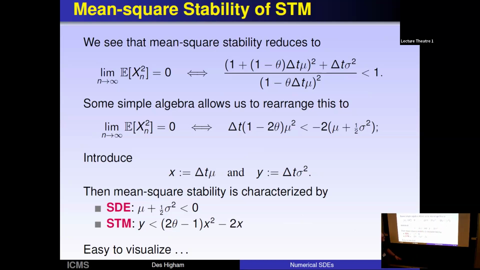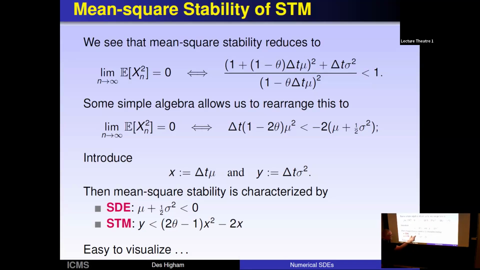And it's useful to think of these parameters. So let x be the drift coefficient scaled by delta t, and let y be the diffusion coefficient squared scaled by delta t. That means if you multiply through by delta t in that inequality, then it reduces to this expression. Okay, just multiply through by delta t, rearrange, then that's the expression for the stochastic theta method to be stable.